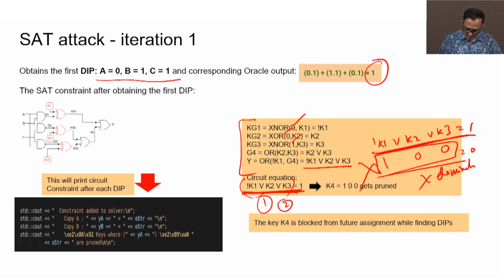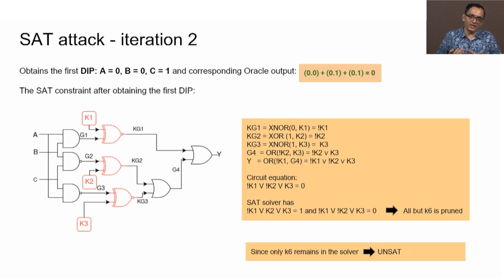Again I will run the SAT solver and I will get another DIP. Again, if I run CryptoMiniSat, it will say yes, you got a DIP, and the DIP is 001, and for this the output is 0.